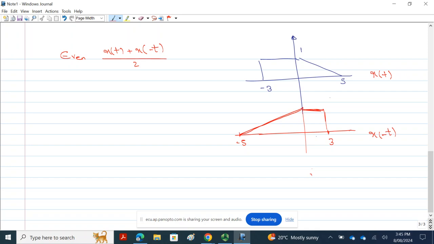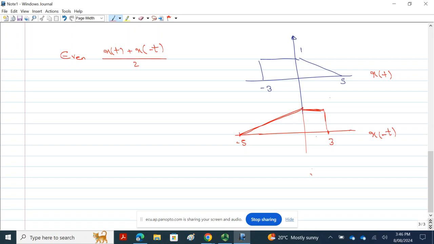Just think about values and the shape, because I'm not accurate in drawing the units. If you consider that 5, that shouldn't be 3, okay? But don't worry about that. Just think about the number and shape.